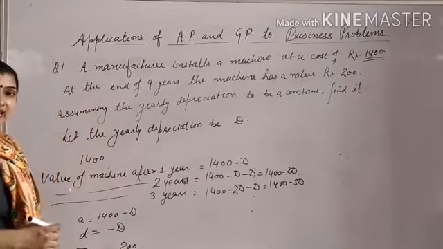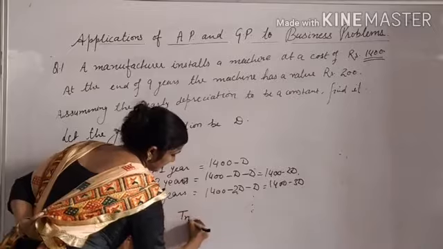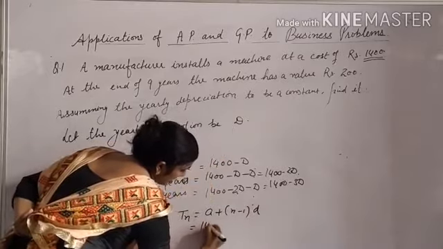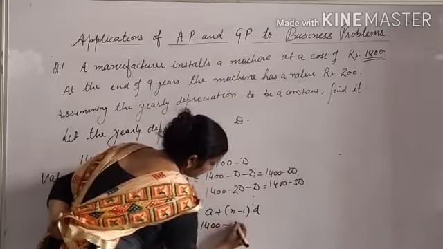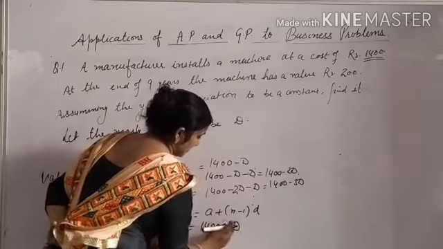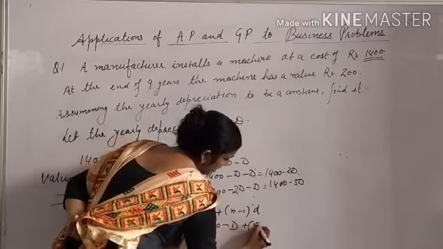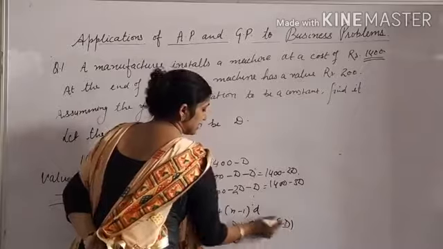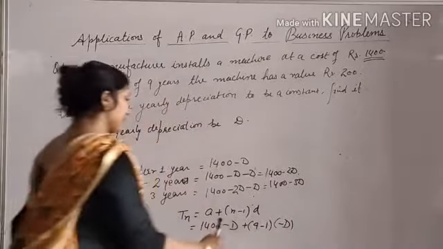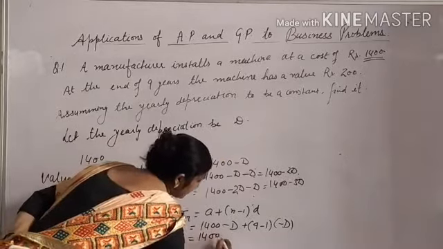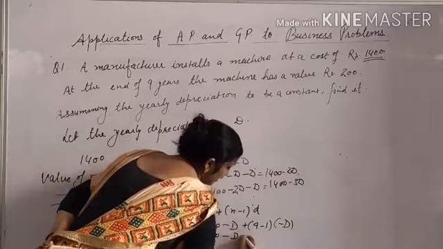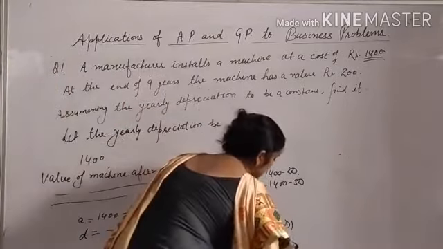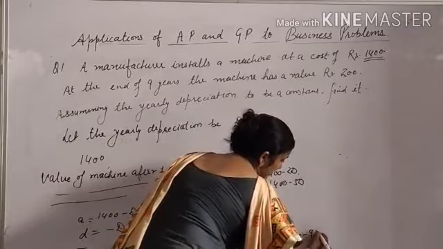Make use of the formula Tn equals A plus n minus 1 into d, and A is 1400 minus D. So T9 is 1400 minus D plus 9 minus 1 into minus D, as the small d is equal to minus of the capital D. So this is 1400 minus D and minus 8D, which is 1400 minus 9D.